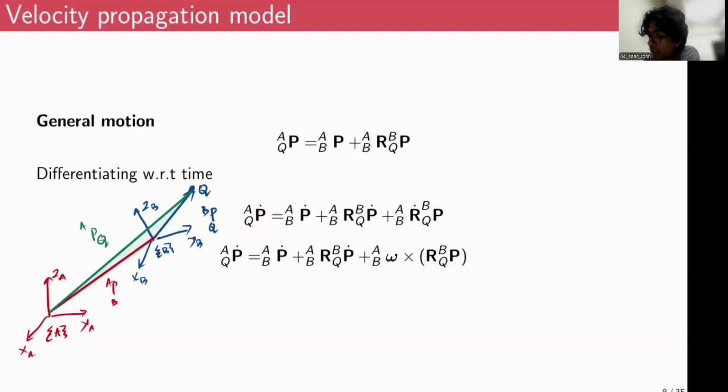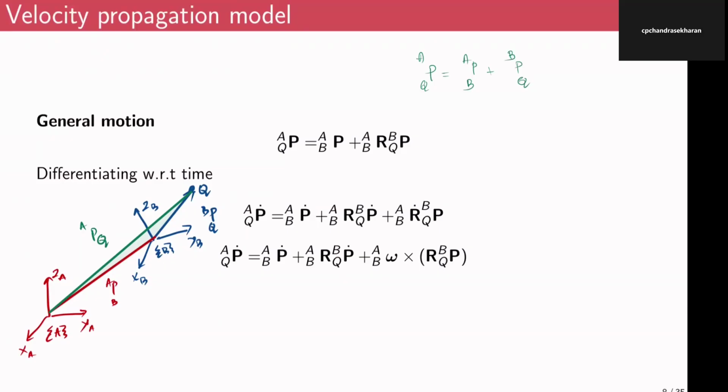So the position vector of Q with respect to A would be the position vector of B with respect to A plus the position vector of Q with respect to B.